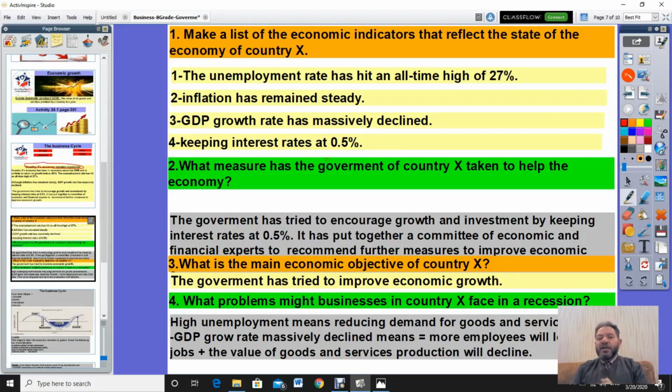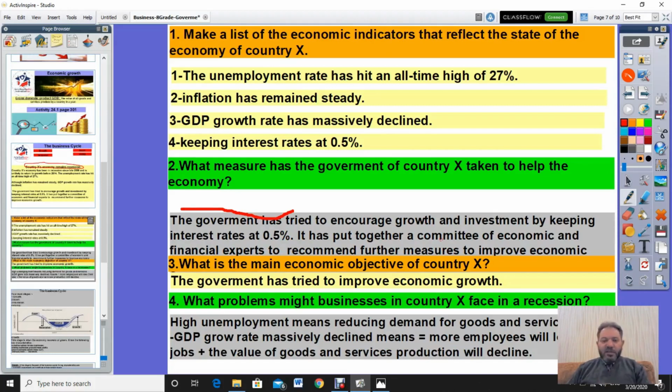The second question is, what measures has the government of country X taken to help the economy? The answer is the government has tried to encourage growth and investment by keeping the interest rate at 0.5%. It has put together a committee also.